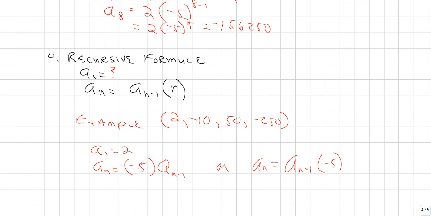That's the first part of my formula. And then I would say to get to the next term, I take negative 5 times the previous term. So that would be a_n is equal to negative 5 times a_(n-1). Of course, I could put the negative 5 behind it too. It really doesn't matter, but it's the same thing.